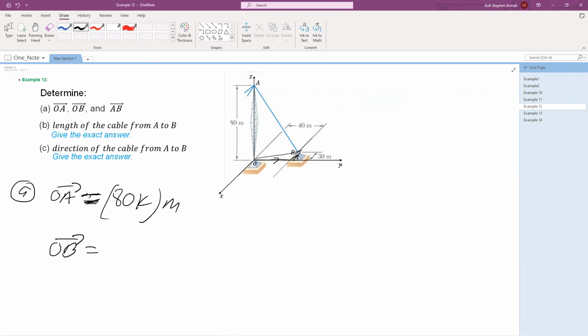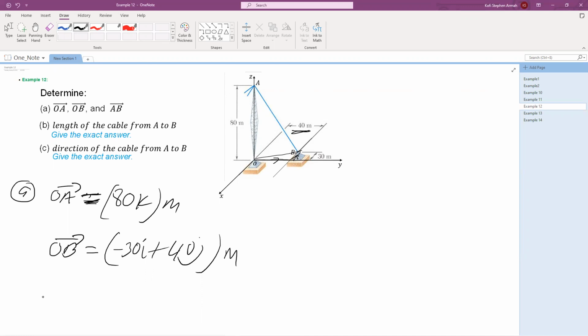This way is in the Y direction, positive, and this way is negative X, and we write them in order, so the X comes before the Y. So we have -30I, and then we add 40J. The distance from here to here is 40, and from here to here is 30. You go 40 in the Y positive, and then 30 in the X negative. This is also in meters.